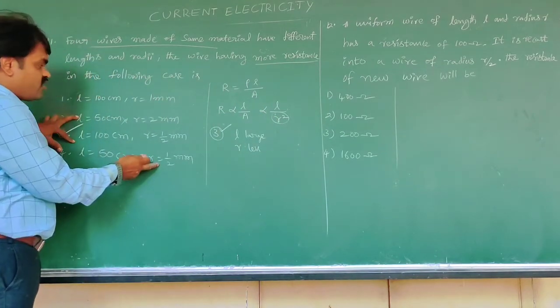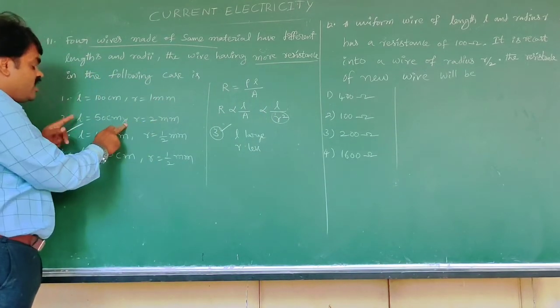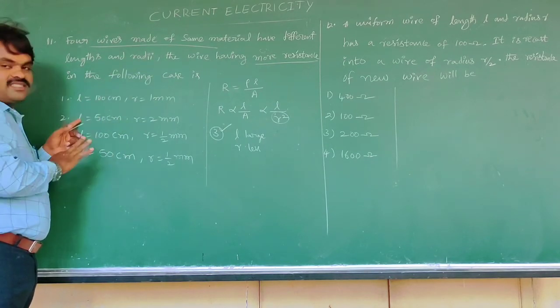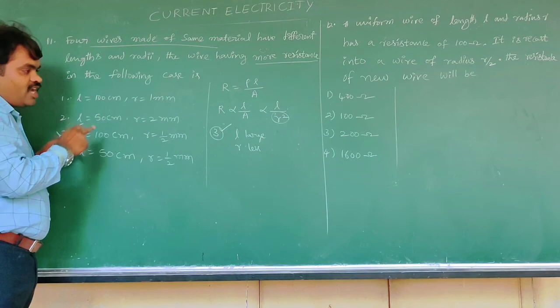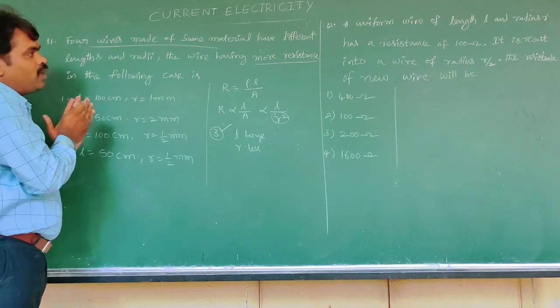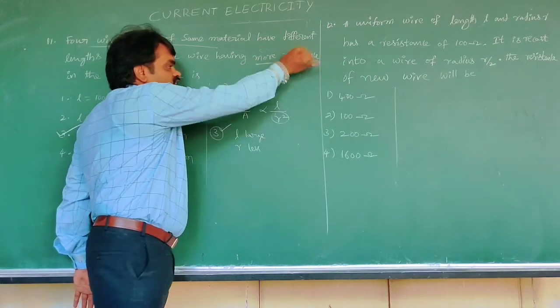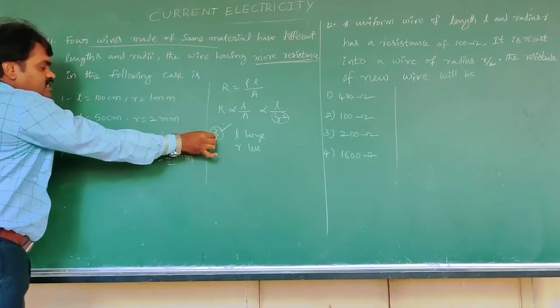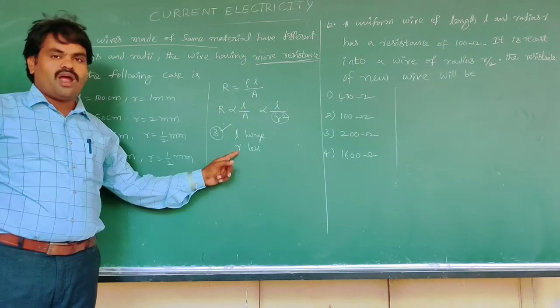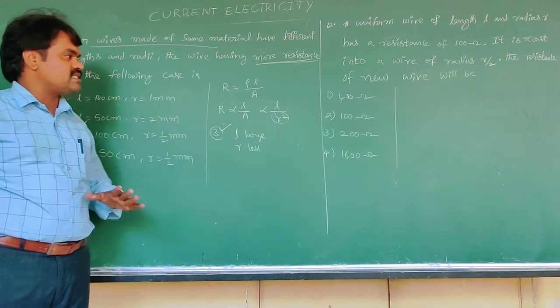The more radius of cross section is this one. That's why the second option will be less resistance. But the third option is more resistance. According to the problem they are asking for more resistance. That's why the correct answer is the third option, because it has L large and the radius of cross section is less.